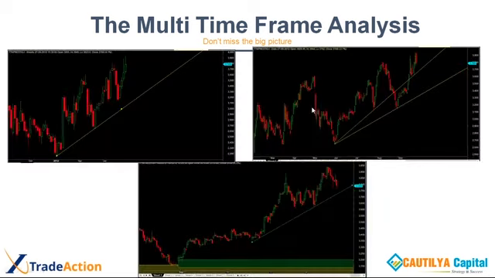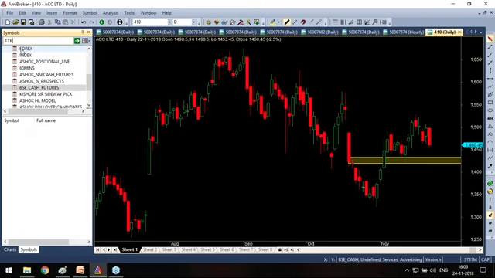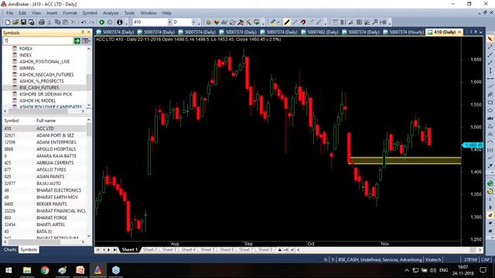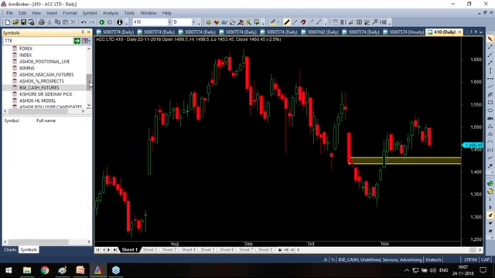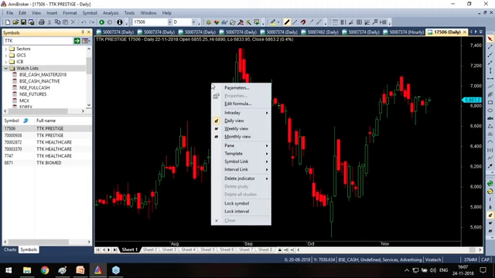Now, this is an example of a particular chart. Who is this guy? This is TTK Prestige. Let's go into the system and take the same stock, TTK Prestige. I need to go to the watch list. Here it is.